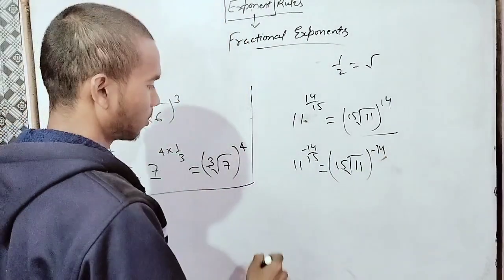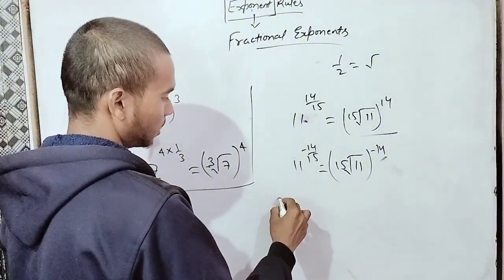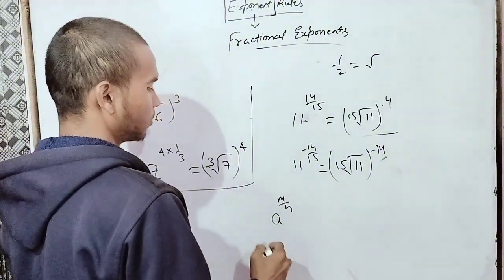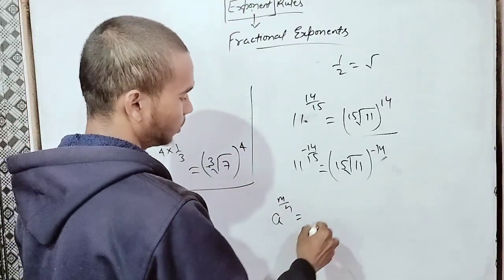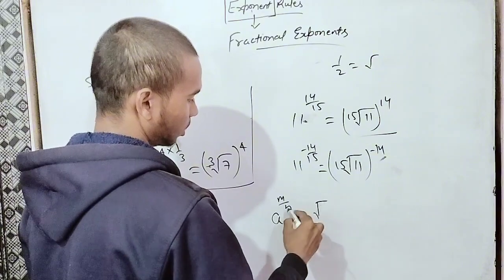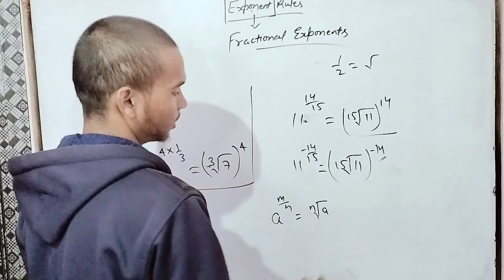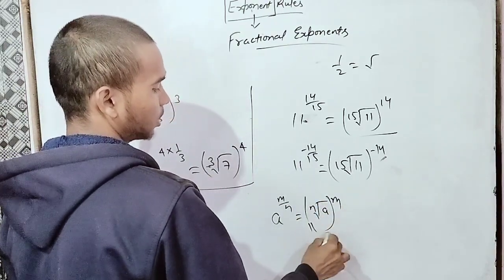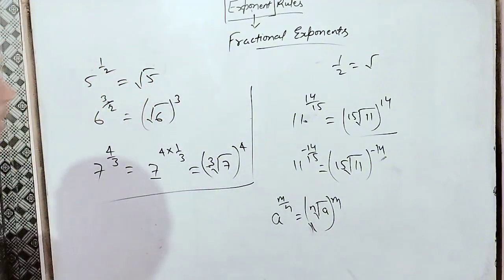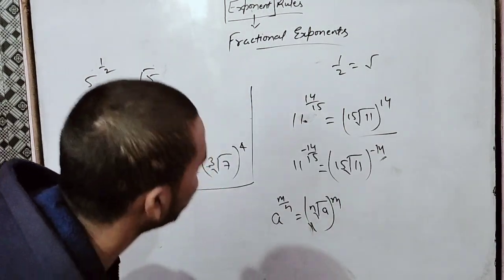Now remember, x to the power m by n is a fraction exponent, and it will be written with the denominator n as the root, the base under the root, and m as the exponent. Just have a look. I will move on next.